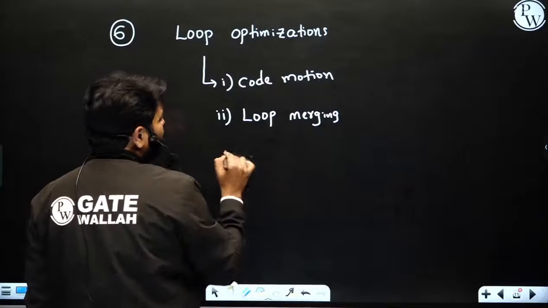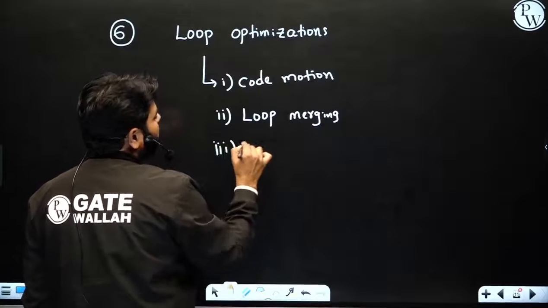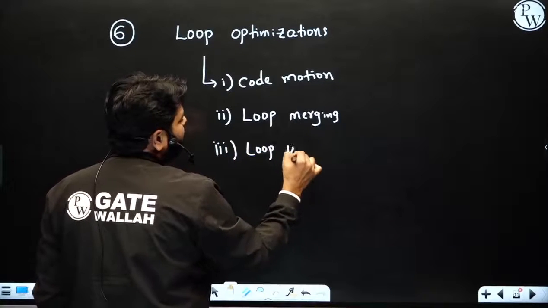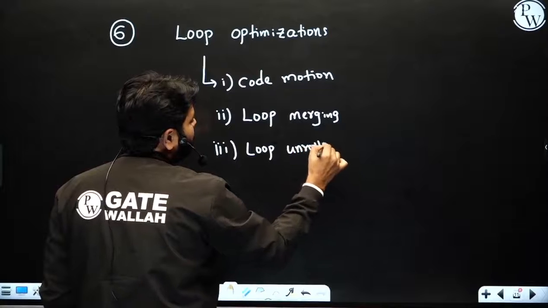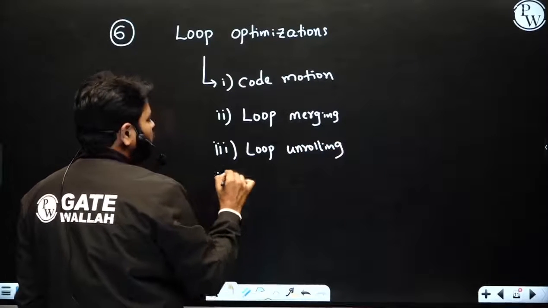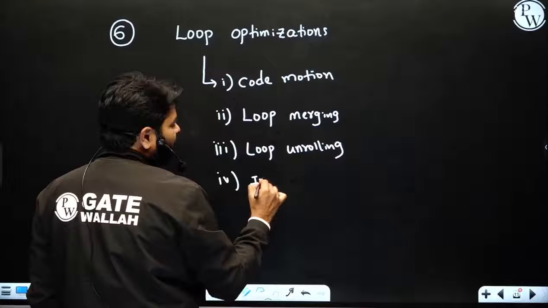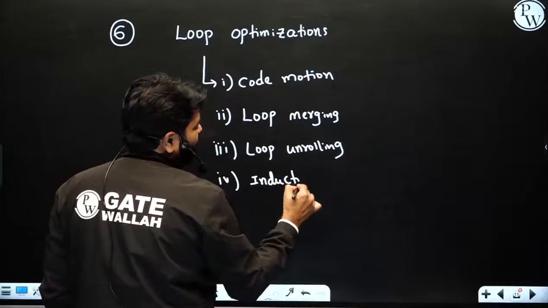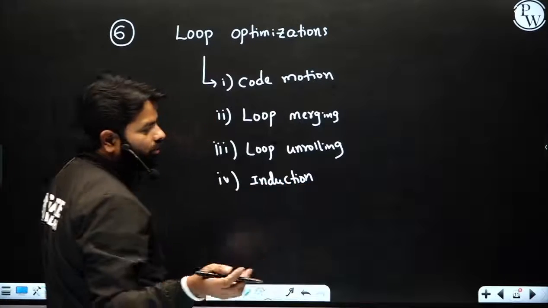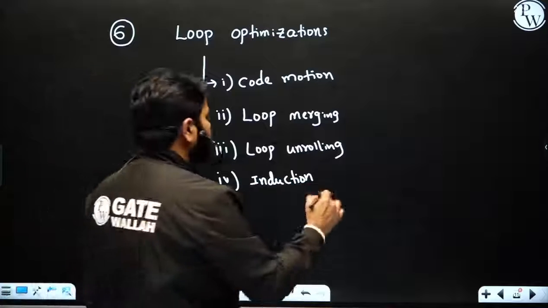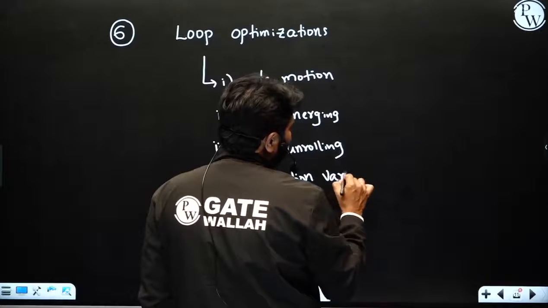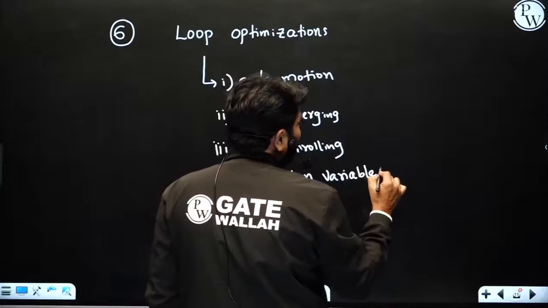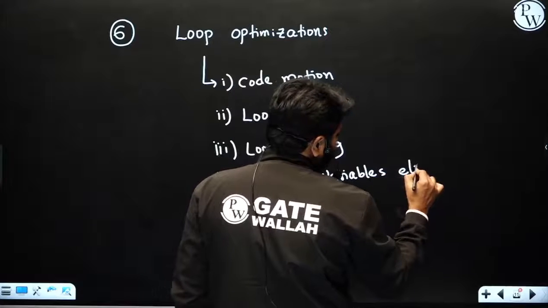There are many names here. Third, you can also do loop unrolling. You can also eliminate the induction variables. If you have many variables which depend on the loop, you can use fewer variables by eliminating some of them. Induction variables elimination.